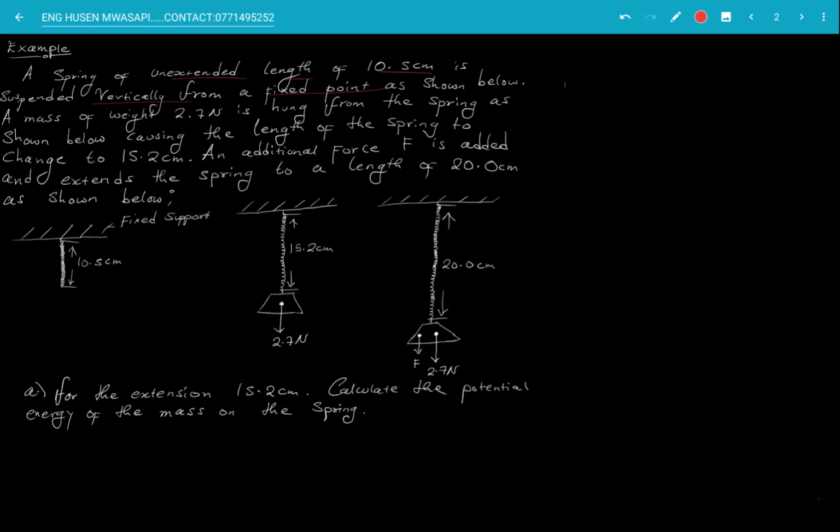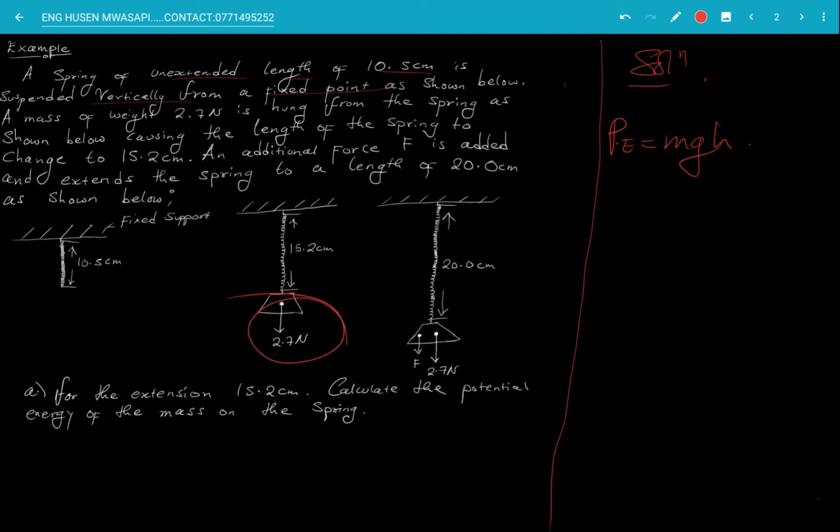So now, how are we going to go about this? Let me cut it somewhere here and see how best we can solve this. So, solution. To find the potential energy, we know that potential energy is equivalent to mgh, isn't it? So the mass for the extension of 15.2 centimeters multiplied by the gravity gives us the weight that we have here, which is 2.7.